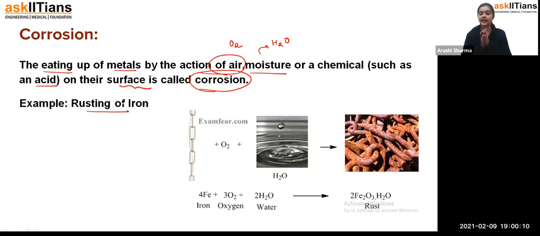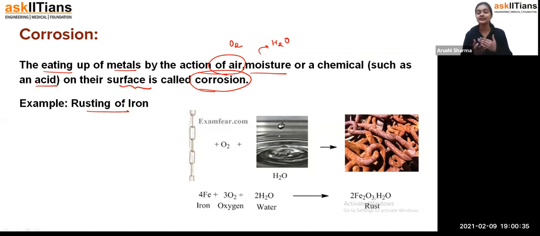Students, if I ask you to take one iron nail and keep it in the open surrounding for one month or more, because corrosion is a slow process, then after some time when you observe it, you will definitely see a brown, reddish color layer over it. Why is that?